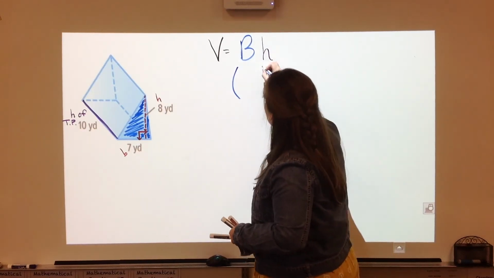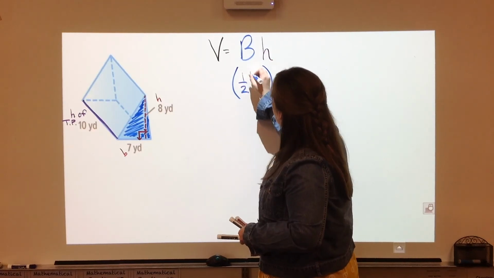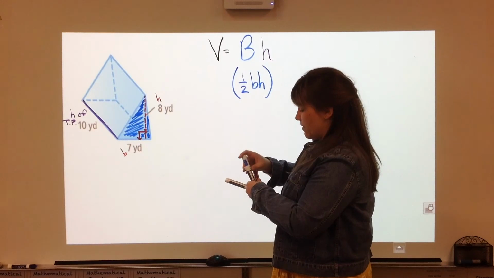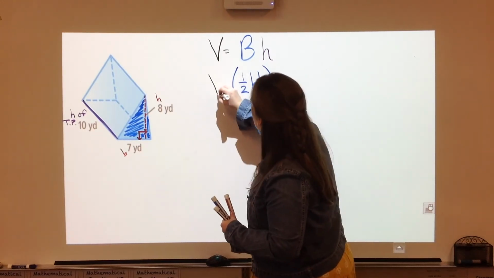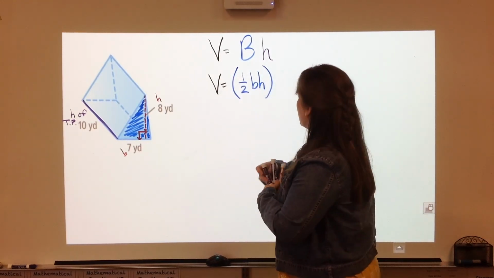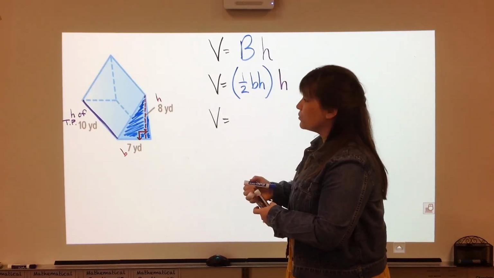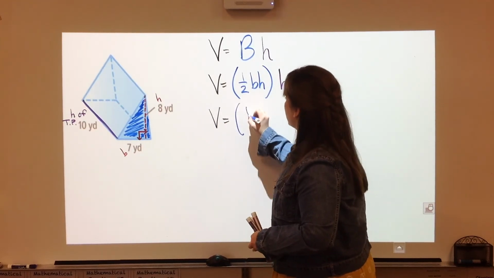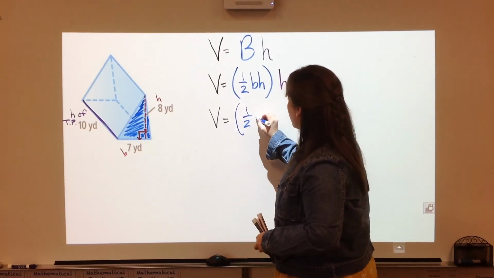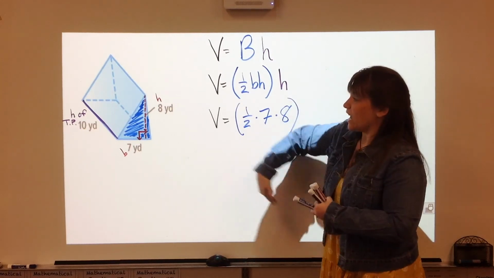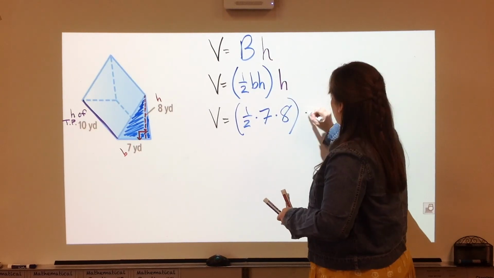Remember, the big B is the area formula for a triangle, half base times height, and then I just drop down my other letters, and I'm ready to pluck and plop. So I'm finding the volume, that's the V. The blue triangle has a base of 7 and a height of 8, and the entire triangular prism is 10.